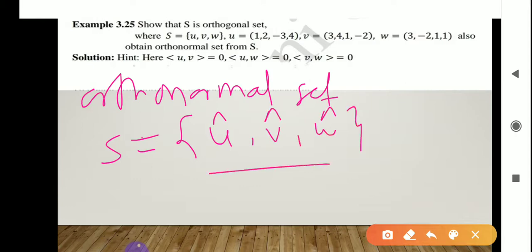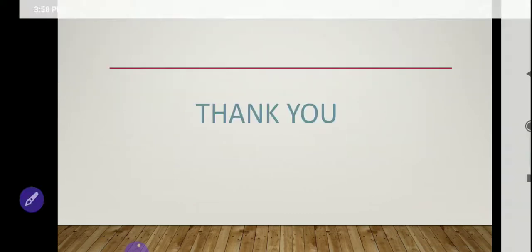For an orthonormal set, first we have to check whether that set is orthogonal or not. If that set is orthogonal, then find the norm of each vector, and from that find the unit vectors, and write those unit vectors in a set. That set is called an orthonormal set.